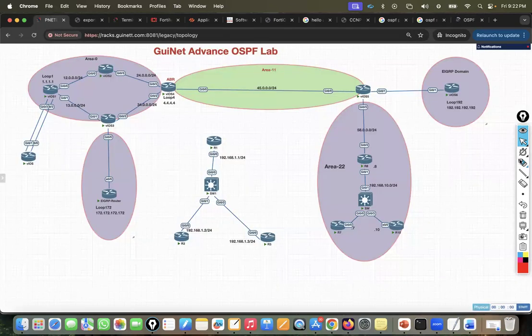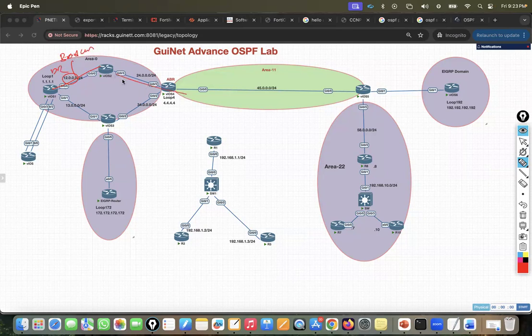So the simple meaning of DR BDR: any subnet you have, one subnet is one broadcast domain, and per link they have the DR BDR. Think about it, these are all different routers, but they have the same subnet.